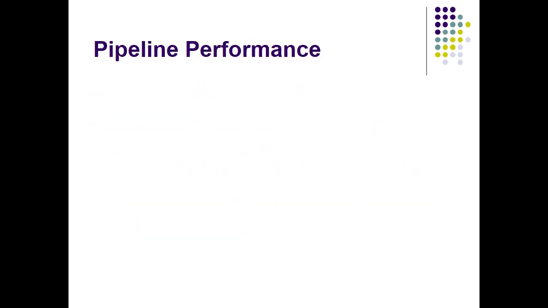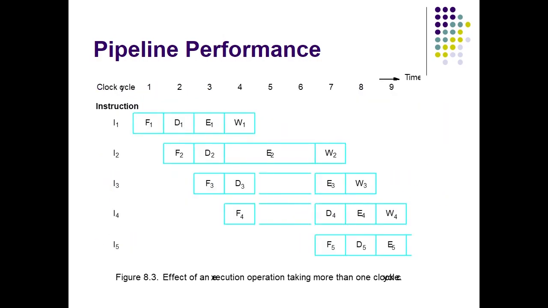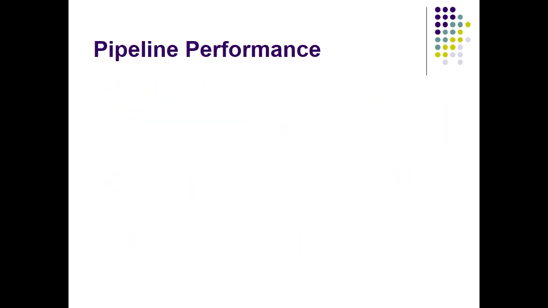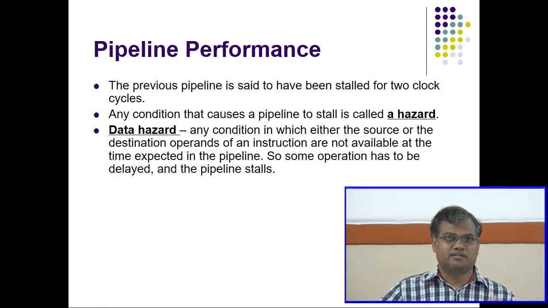These are the things I already talked about, and then we have the pipeline performance, and we had a very simple equation to show that the pipeline speed up is proportional to the number of stages. If for any reason there is a disturbance in the pipeline, that is something called a hazard, and there may be 3 kinds of hazard.